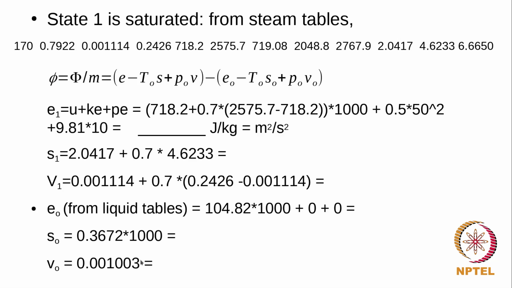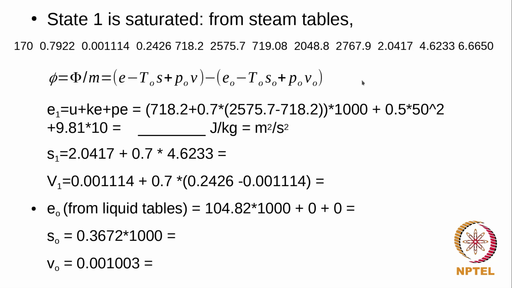So state 1 is saturated. I have just pulled out the line corresponding to 170 degrees. This is temperature, this is the saturation pressure in megapascal. This is Vf, Vg, Uf, Ug, Hf, Hfg, Hg, Sf, Sfg, Sg. You have the steam tables with you, so you can look at the corresponding line on it anyway.